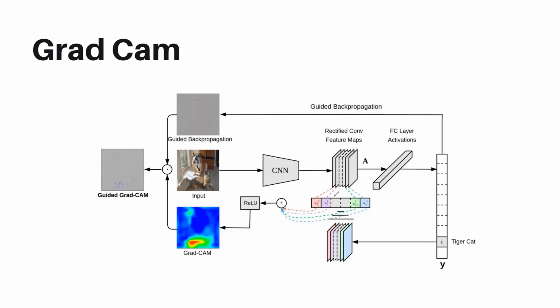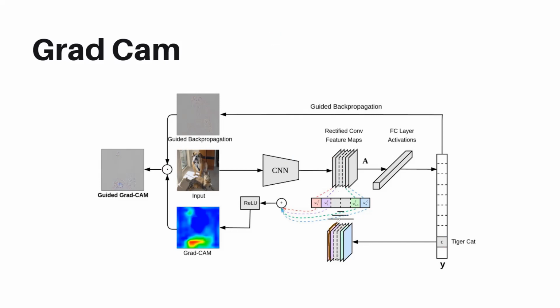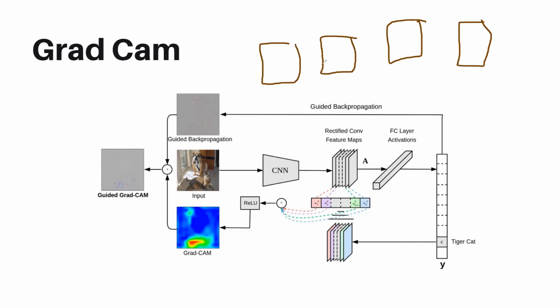When you have it in derivative form, what you will do is calculate the mean of these derivatives. So we have derivative filter number 1, number 2, number 3, number 4. For each one of these pixels, there is a derivative inside. We calculate the mean of these values, and this will be the weight. We multiply each feature map with its mean.